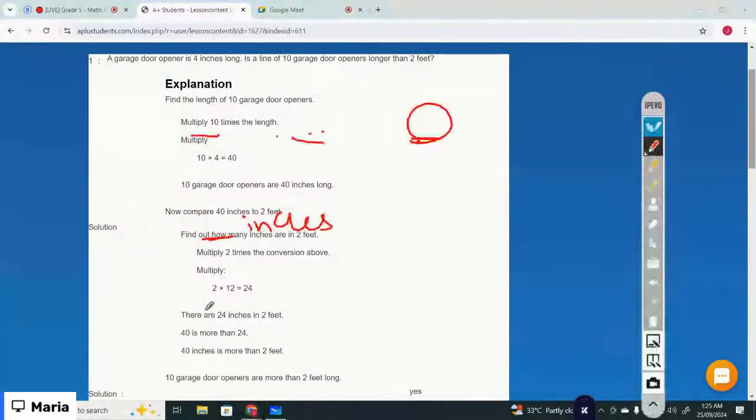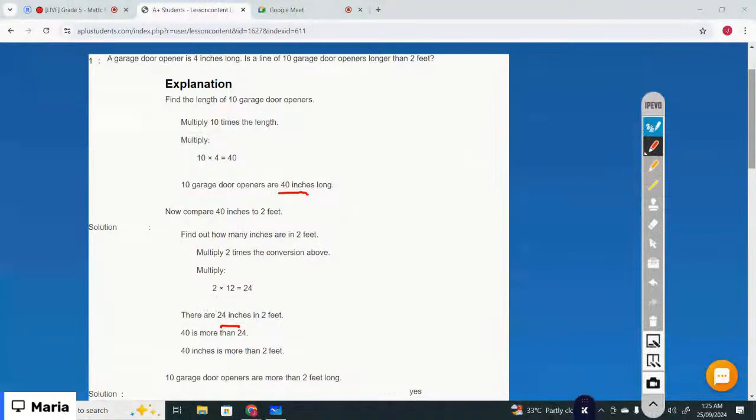You have to do 2 times 12, that is 24. So you have 40 inches here, and when you convert these 2 feet to inches, that is 24 inches. So basically you have to compare 40 inches and 24 inches. So 40 inches is more than 2 feet. That means 10 garage door openers are more than 2 feet long.